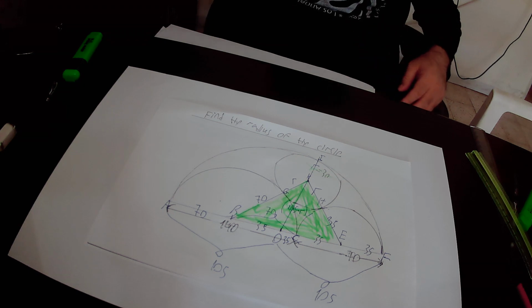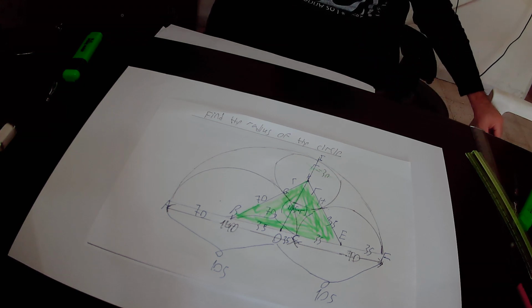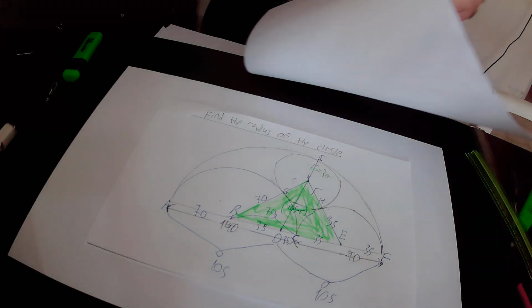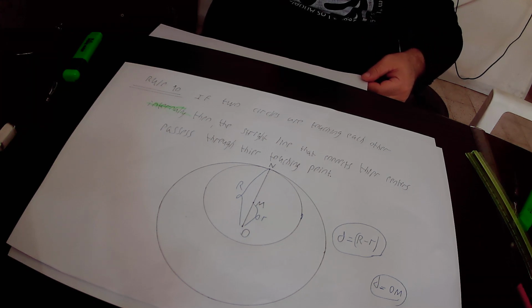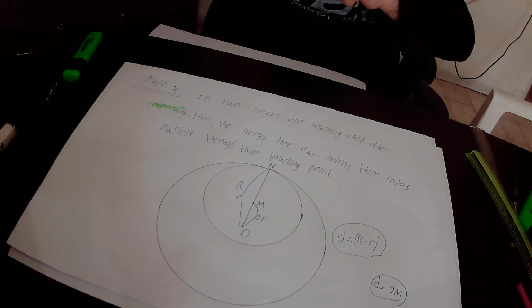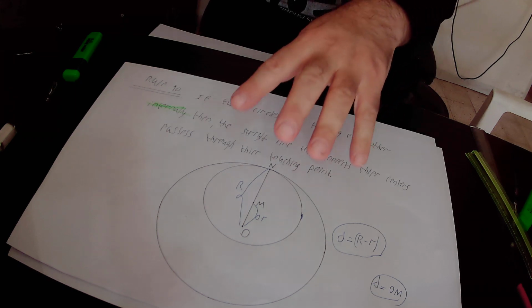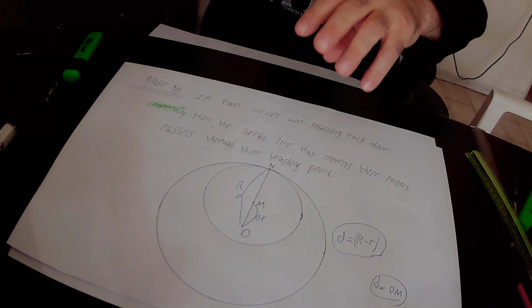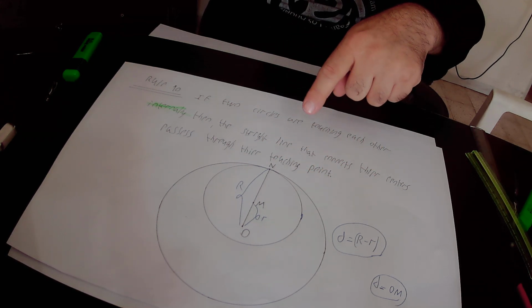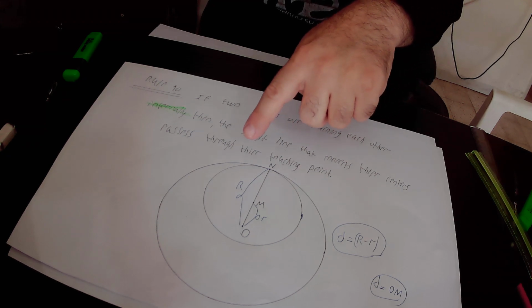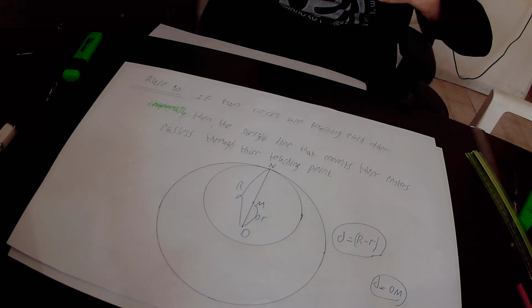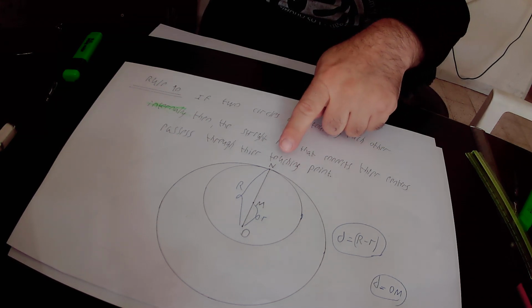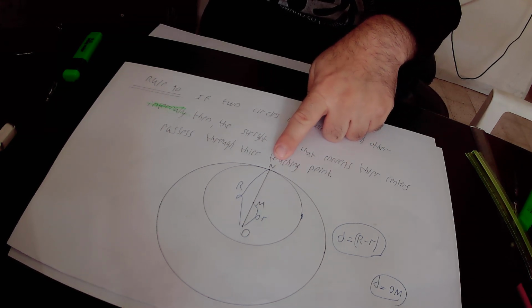Then I presented to you two new rules and implemented the two new rules in our drawing. According to rule number 10, if two circles are touching each other internally, that is to say those two circles have an internal line between them. Here the small circle is inside the big circle, therefore they are touching each other internally at point N. Point N is the touching point.